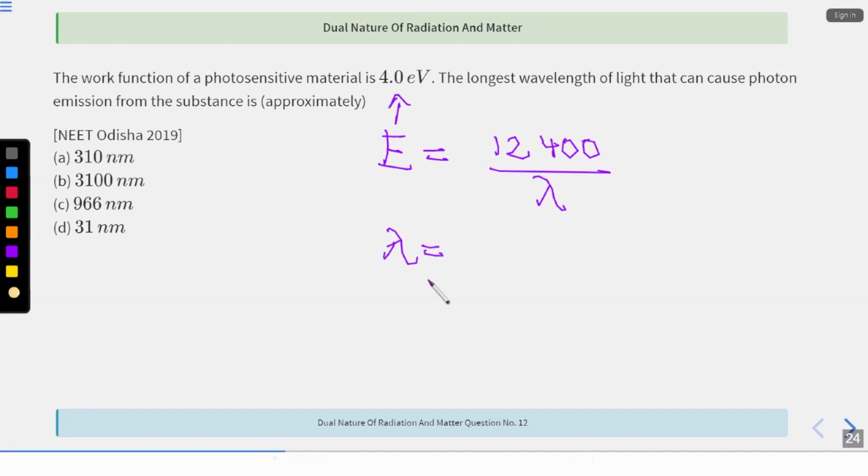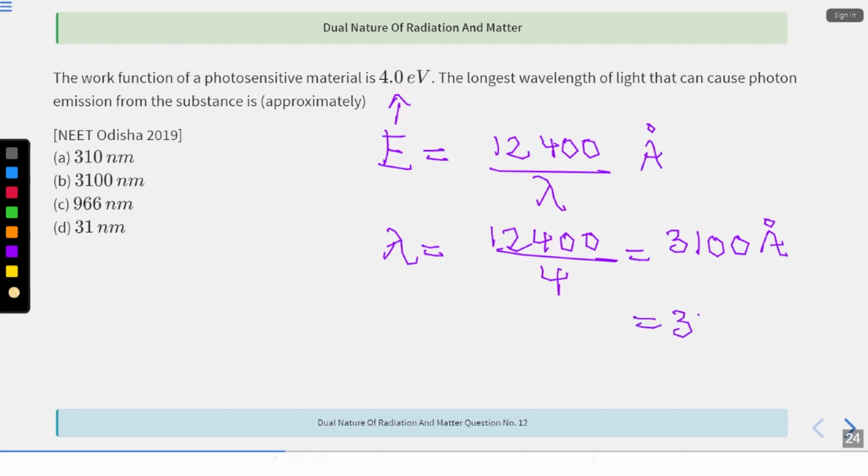Here we have been given it's 4. So 12400 divided by 4, and that is 3100 angstrom. Remember that these things are in angstrom. So I can further write this as 310 nanometer.